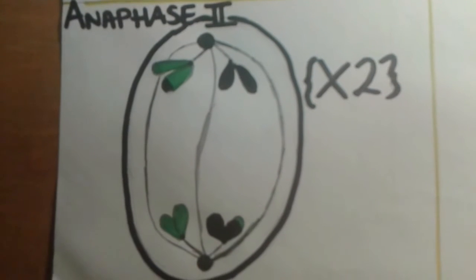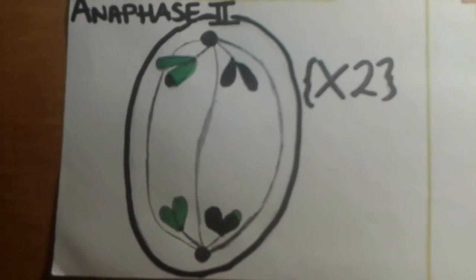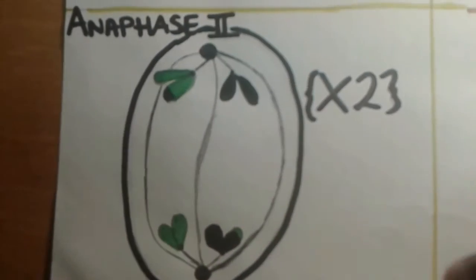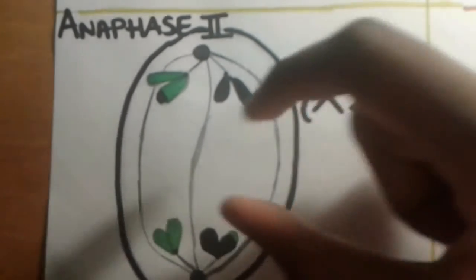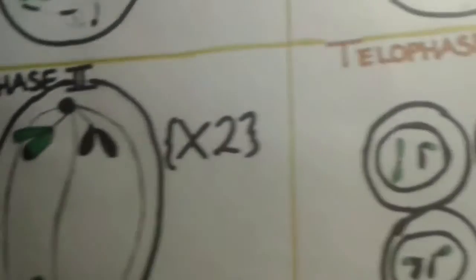At anaphase 2, the spindle fibers contract and pull the sister chromatids that make up each of the chromosomes to opposite poles of the cell.